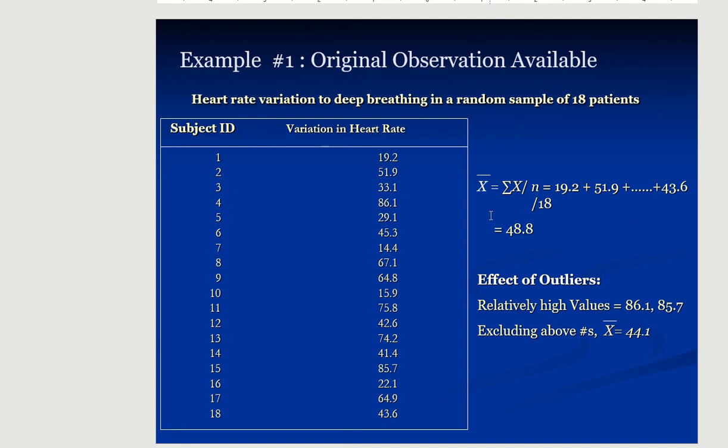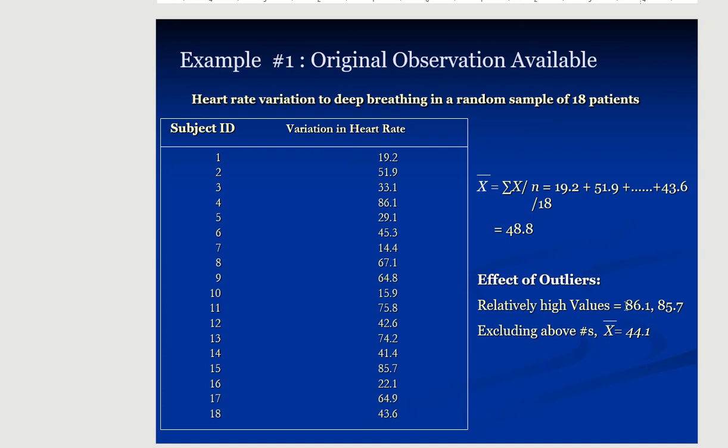Okay. Now, if you look at this data, you will notice that we have two values that appear to be very big. The 86.1 and the 85.7. These appear to be extreme big values, values that are very large.